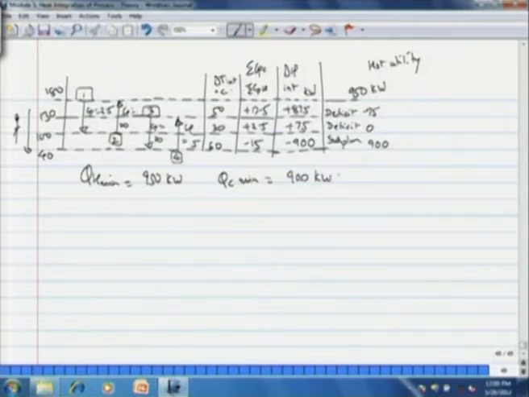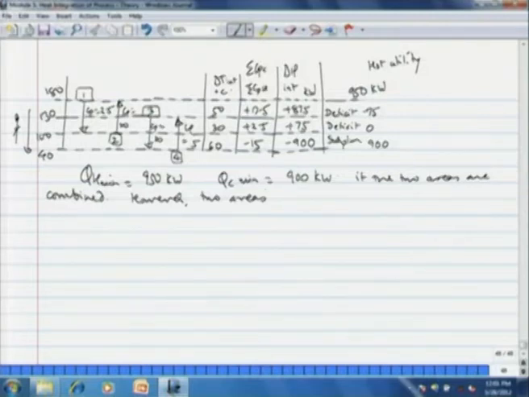This is if the two areas are combined. However, if the two areas are kept separate, because of the constraints that I mentioned before, if the areas are physically quite far apart, then we have to transport a lot of material through pipes, which is not only cost intensive because we have to use pumps or compressors, but it can also cause significant temperature drop during transportation, and the temperature actually achieved at the place of exchanger may not be the same as at the source, which is used for calculation.